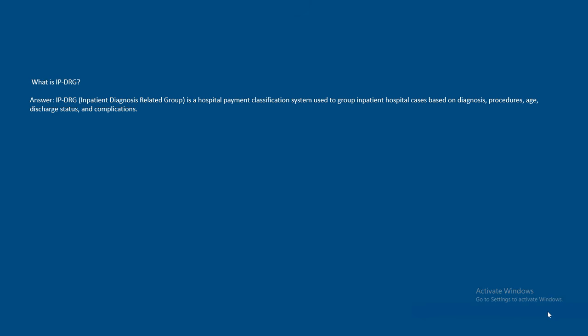If you want to calculate DRG, all these factors are mandatory. Patient's diagnosis is mandatory. If the patient undergoes a procedure, that is also mandatory. Patient's age is mandatory. Discharge status is mandatory, as well as complications occurring during the inpatient stay, and CC and MCC are also mandatory in order to get the appropriate DRG.